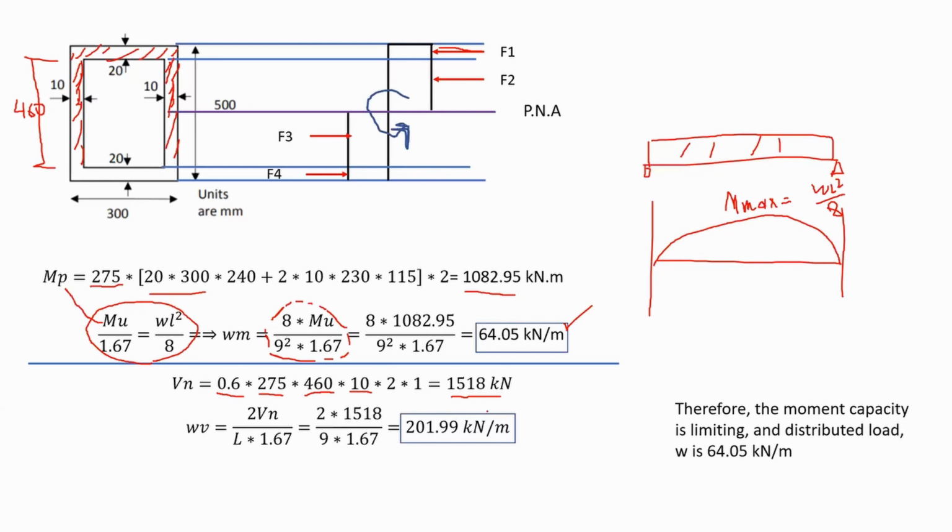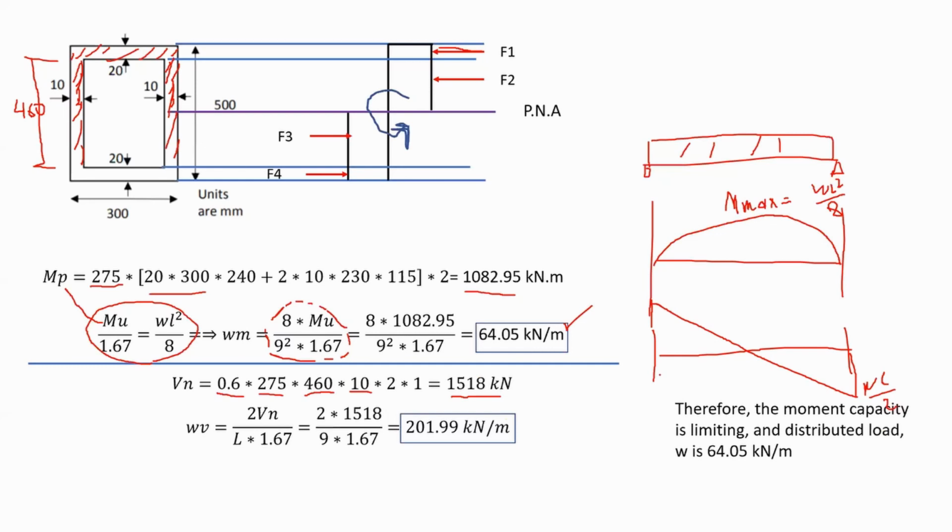Now, I have to compare it. What am I going to compare it with? Well, again, you know that if you draw the shear diagram for such a case like this, it would be similar to what we have in here, where the maximum value would be WL over 2.